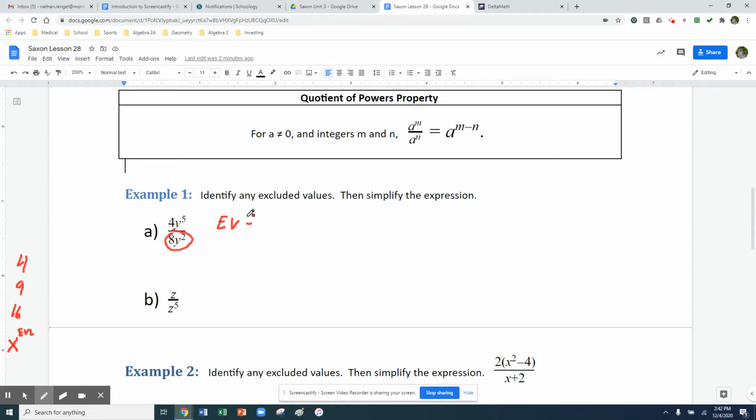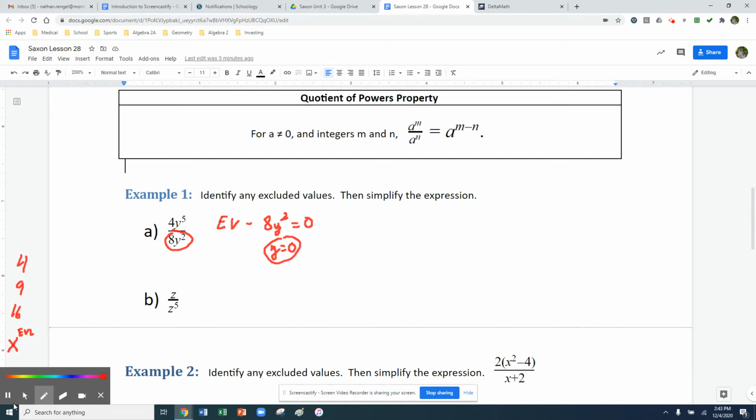So here I have 8y squared, and I'm going to set that equal to 0 to find out what number I could put in for y that would make it equal to 0. Well, I could do a little algebra, but if I have 8 times y times another y is y squared, I'm going to have y equal to 0. So my excluded value is going to be y equal to 0.